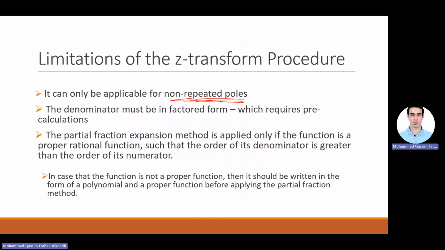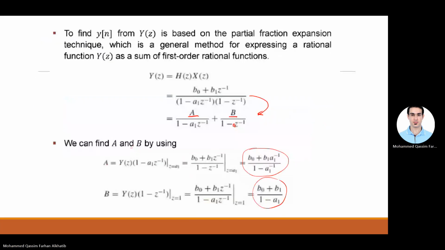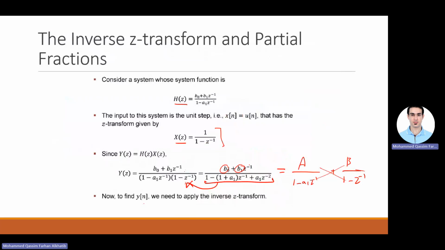The partial fraction expansion method is applied only if the function is a proper rational function, such that the order of the denominator is greater than the order of the numerator. Here, that's a first order polynomial and that's a second order polynomial, so I can apply partial fraction expansion.